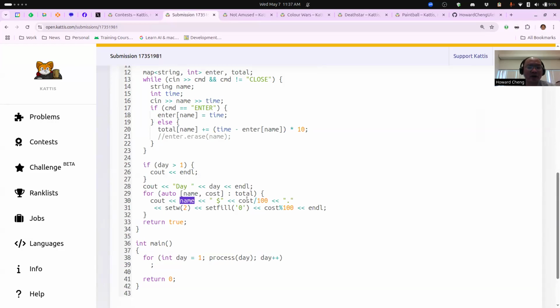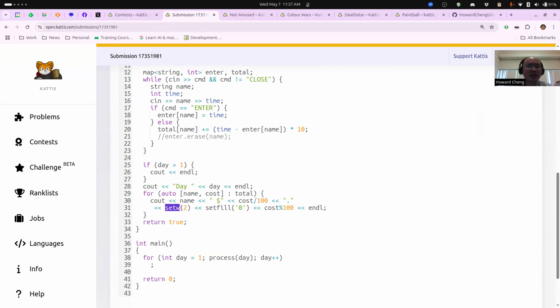I print out the name, I print out the dollar sign, I print out the dollars, which is the cost divided by 100 because I'm keeping the cents. Print the dot, and here I'm printing the cents, but I want to make sure that even if the cents, let's say a penny, it will not just print 1, it will print 0, 1.